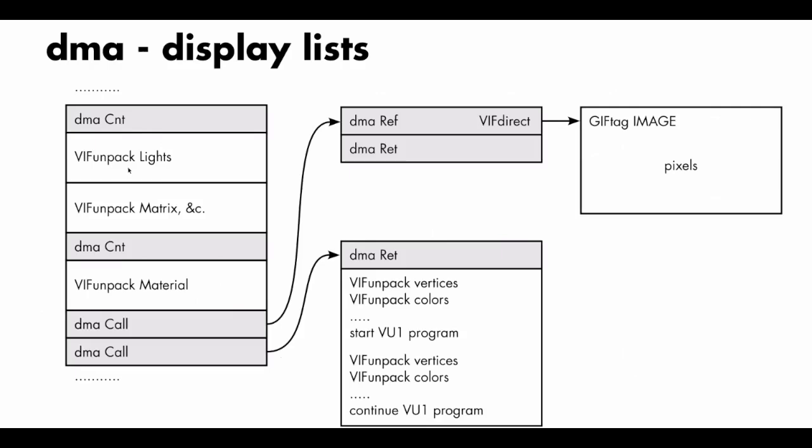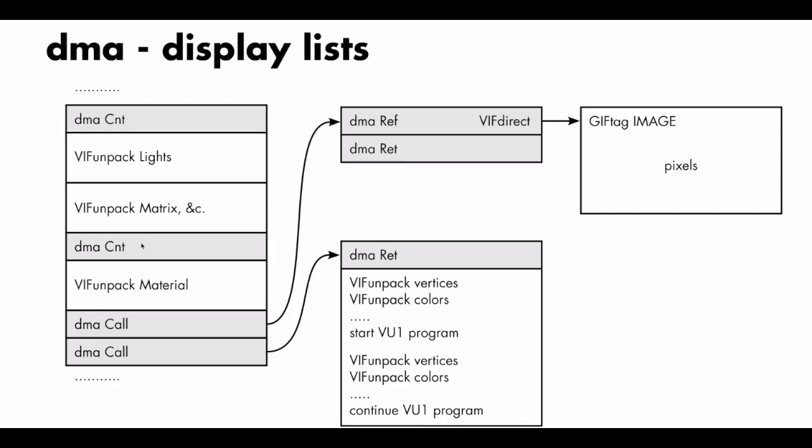So the continue packet just contains data. VIF unpack puts stuff into VU memory. You might use that to upload lights or a matrix into VU memory, which can be used for a complete object, like maybe a car, and the car never has different lights, so the lights are constant for that same car, or maybe the matrix is constant for the whole car.